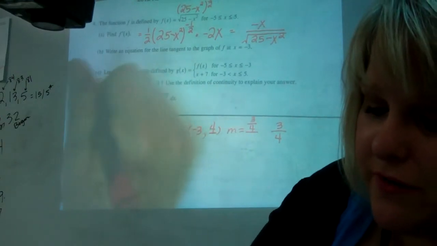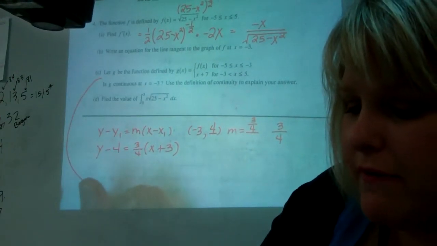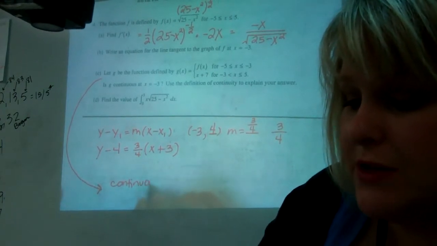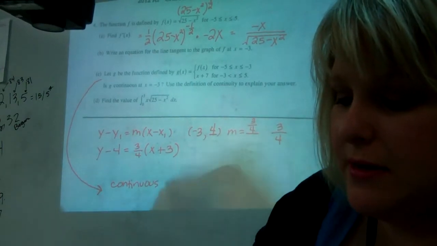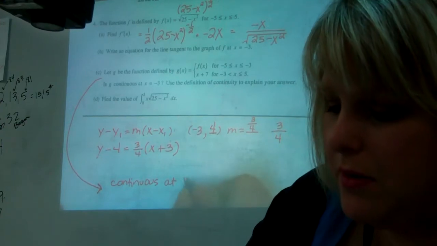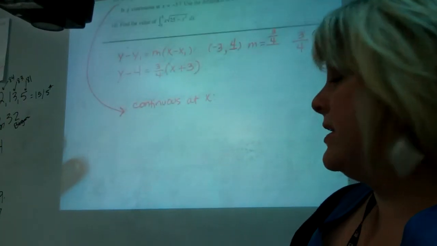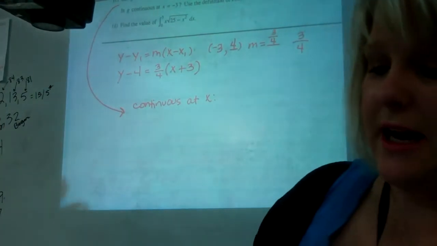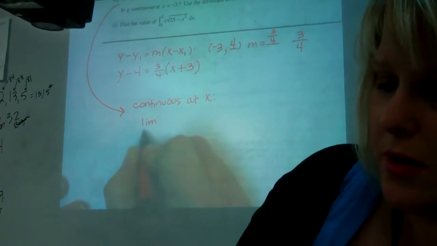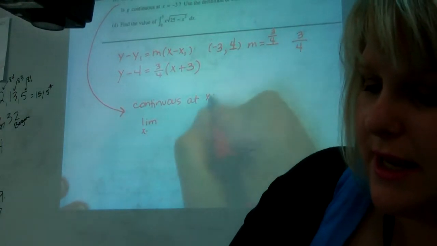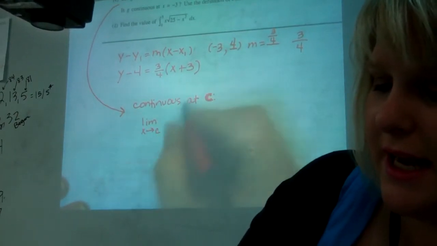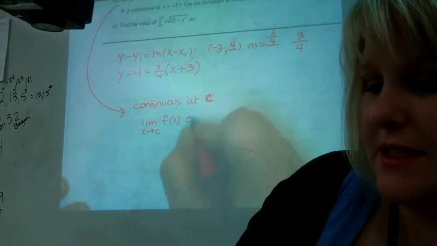Okay, so the definition of continuity, this is way back. This is like one of the very first things that we did last semester. After we introduced limits, continuity was the second thing that we talked about. In order for a function to be continuous at a specific value of x, in this case at -3, let's say x equals c, the limit as x approaches c has to exist.